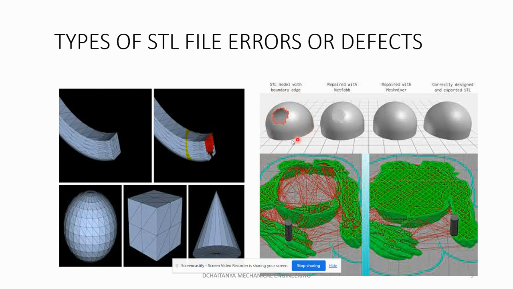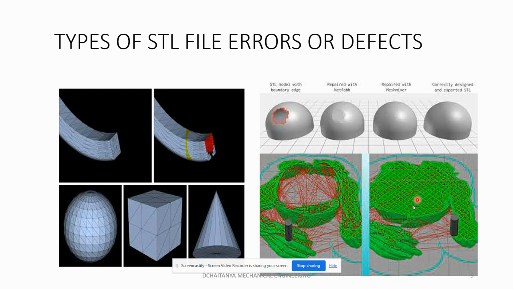Here the boundary edge can be repaired by using NetFab, where you can attach the surface or edit that particular part, and you have to give the nodes in the form of a programming language, and then it is converted into a mesh where it will be perfect. After that we will go for the fourth one. It is a correctly designed and exported file.